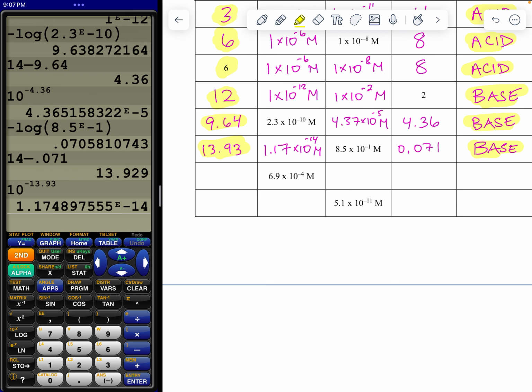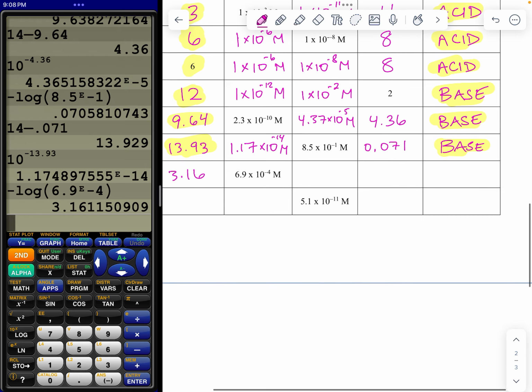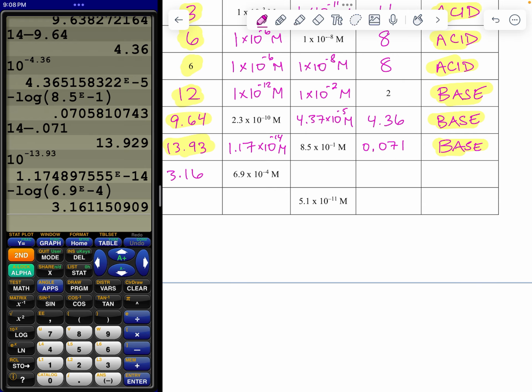Let's go, only a couple more. We can do it. Negative log of 6.9 times 10 to the negative 4th. That gives us a pH value of 3.16. And then we can get our pOH value, 14 minus 3.16.